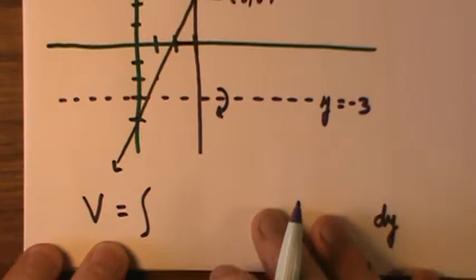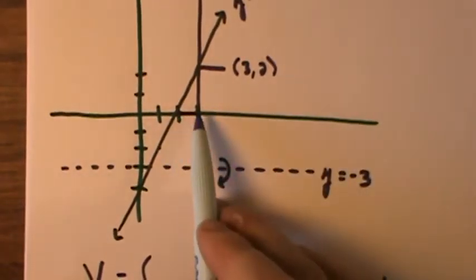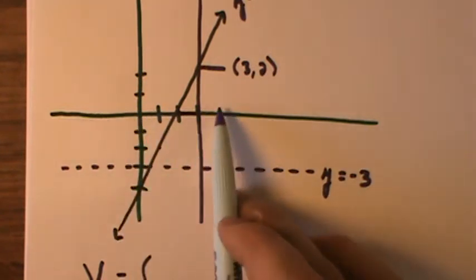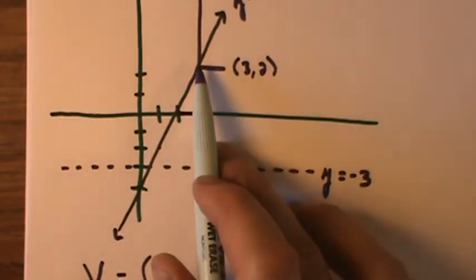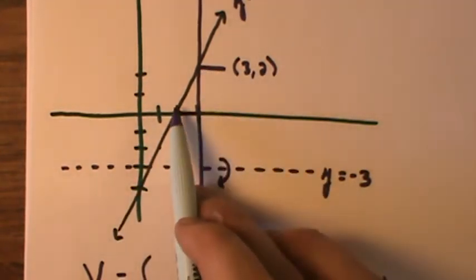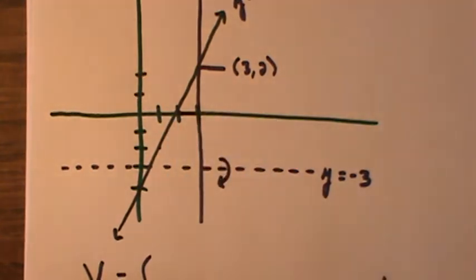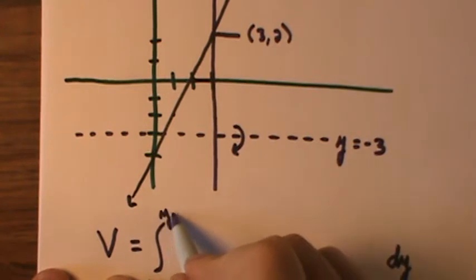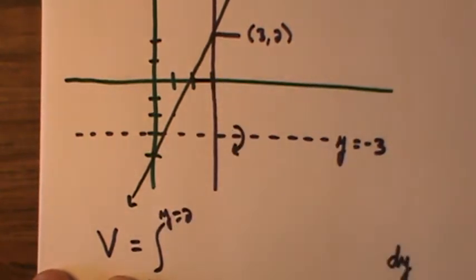And so I have to figure out where to start and where to stop on my region. Well, since this line was y equals 0, and it intersected up here at 3, 2, I know that I'm going to go from 0 to 2. From y equals 0 to y equals 2 for the figure.